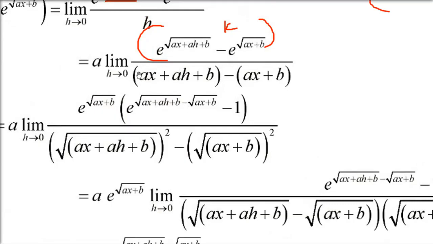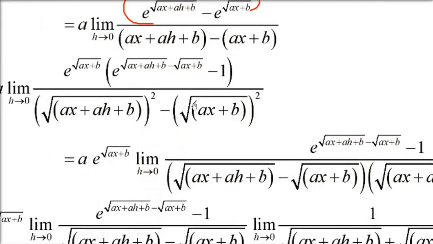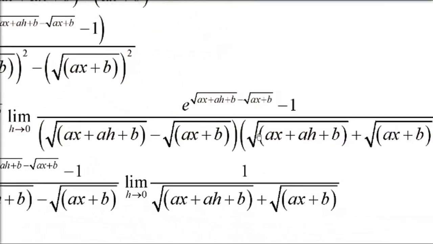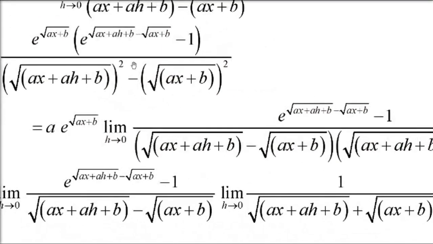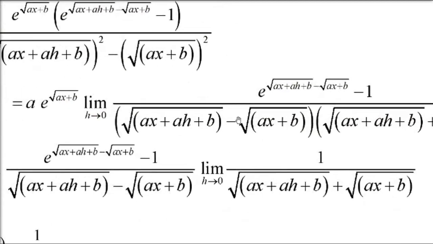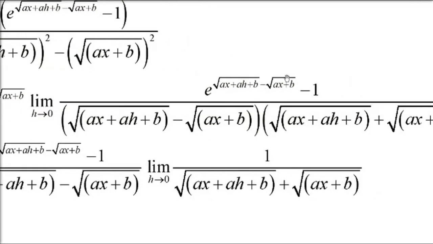Now still it is not coming because in the denominator we have ax plus ah plus b, but we need under root. So you take under root and make it square, a square minus b square. Now a minus b, a plus b, just put it here. Assume it to be a and b, a square minus b square. So a minus b, a plus b. Now this one and this one. And this is again becoming e raised theta minus 1 by theta.